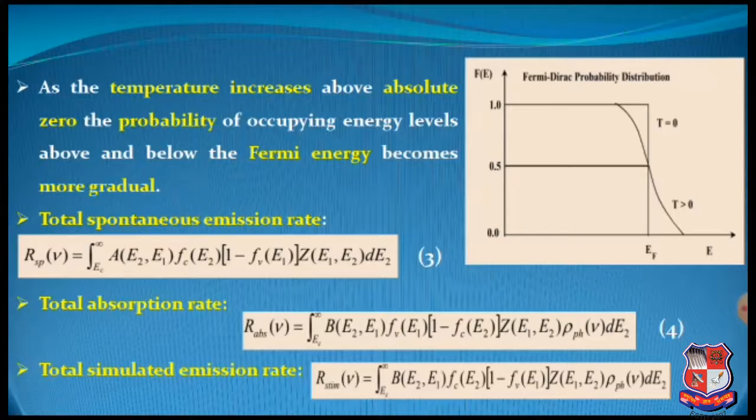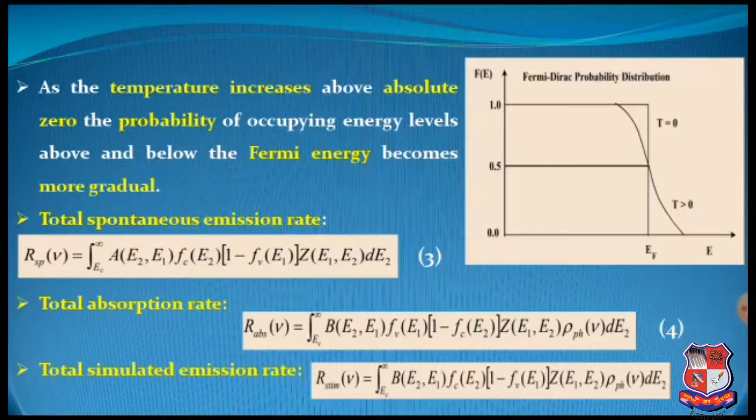Similarly, equations 4 and 5 are almost identical. The total stimulated emission rate R_stimulated(V) is equal to the integration from E_C to infinity, which is almost similar, of B(E2, E1) F_C(E2) times 1 minus F_V(E1) times Z(E1, E2) times rho_ph, that is the photon density, dE2.